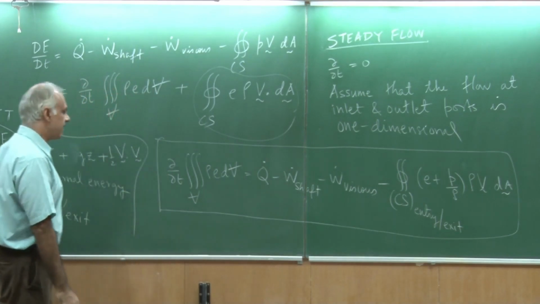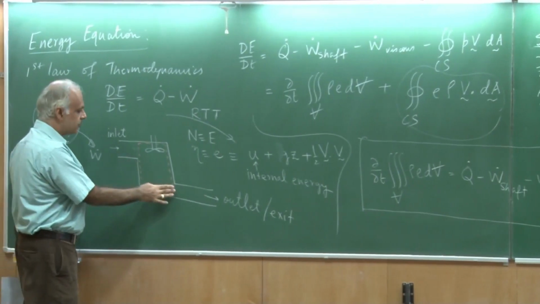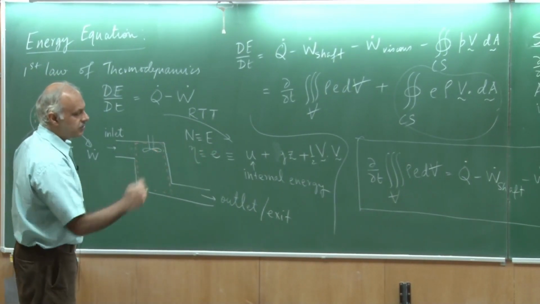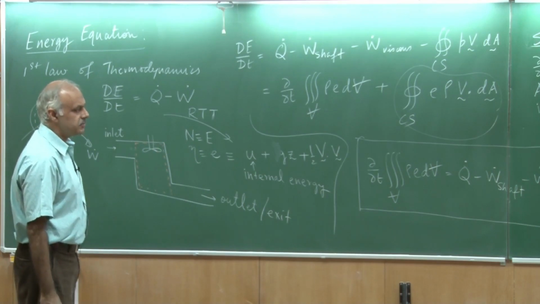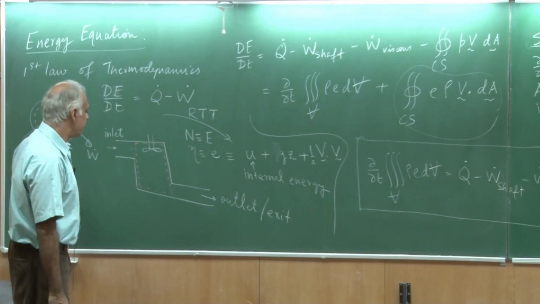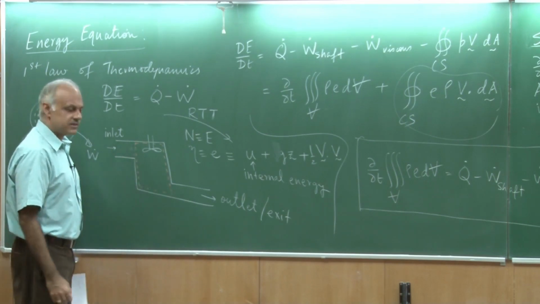What we are saying is that suppose there are only two ports, an inlet port and an exit port. When I want to evaluate that last term written over there, which is E plus P by rho times rho velocity dot dA, then actually these terms can vary across the ports.